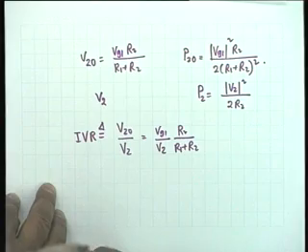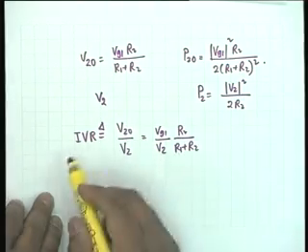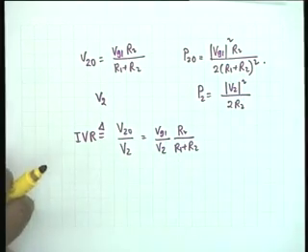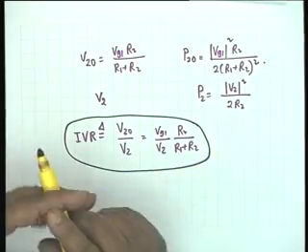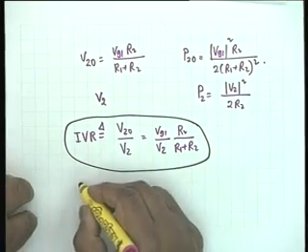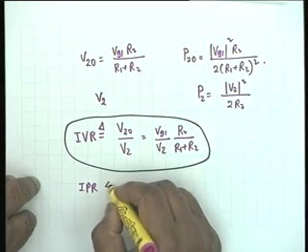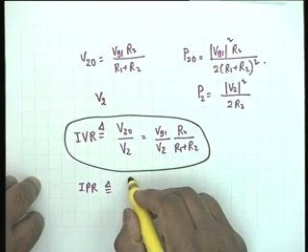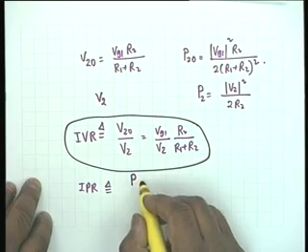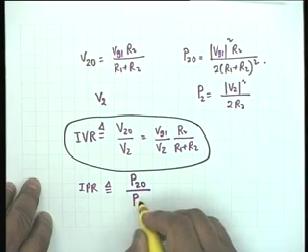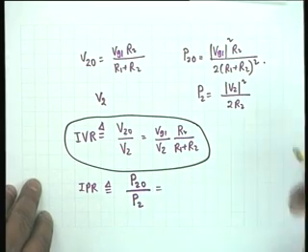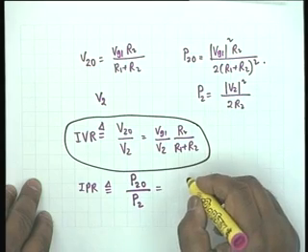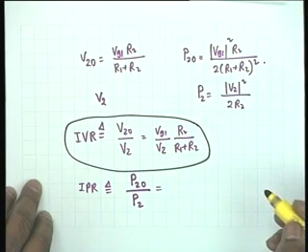Okay. This is the insertion voltage ratio. Keep this in a prominent place because we shall require this expression while working out some problems. And IPR, insertion power ratio, is given by P20 divided by P2. That is equal to how much shall it be?